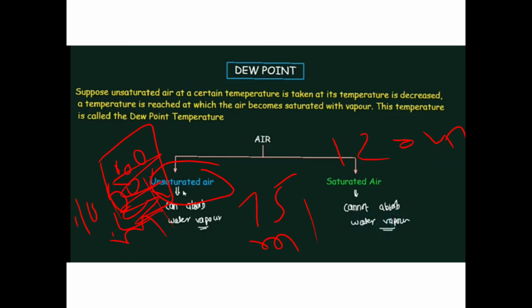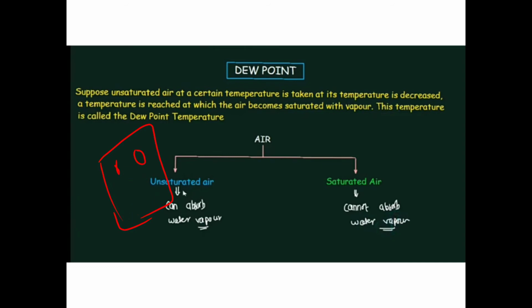So children, now try to understand. Here, unsaturated air is the air which can absorb water, like a container which can hold that particular water, but it has a capacity. But if you go on adding water vapor to it, a stage will come when the air is not able to hold the water in it.